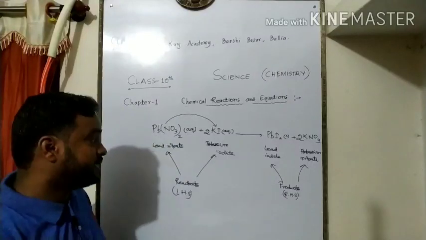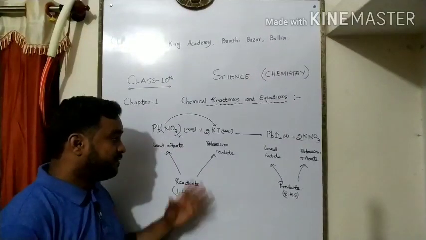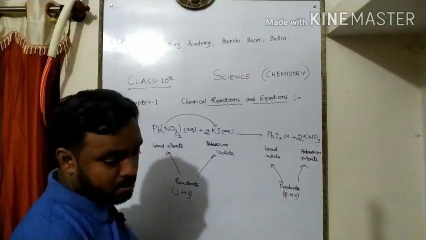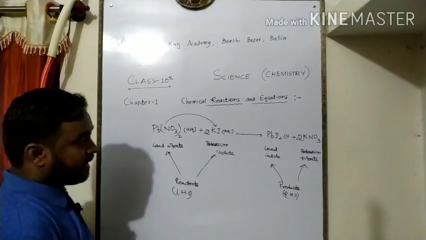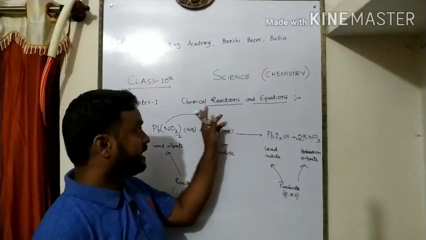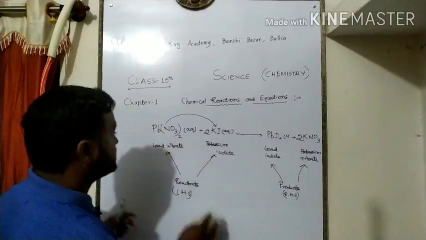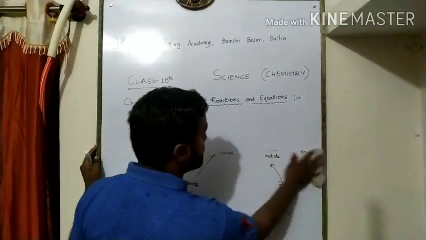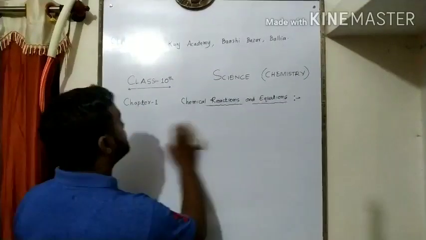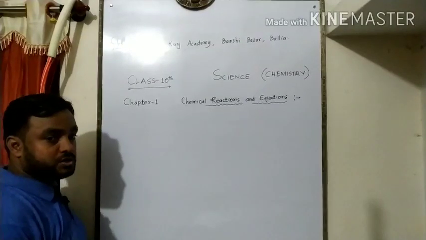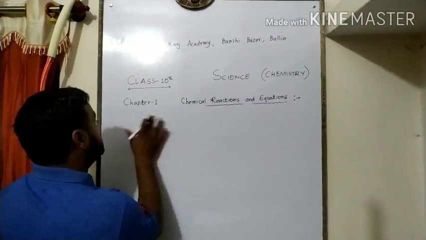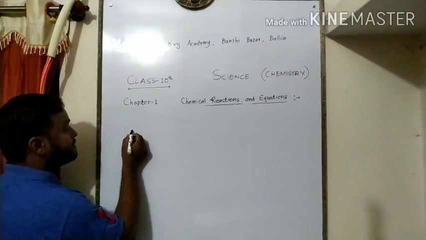This is a type of chemical reaction, a different type of chemical reaction we will deal with later on. Now let us take another example, because these examples are going to make us clear what chemical reactions are. Now see, a very popular chemical equation of class 10th. See this one.